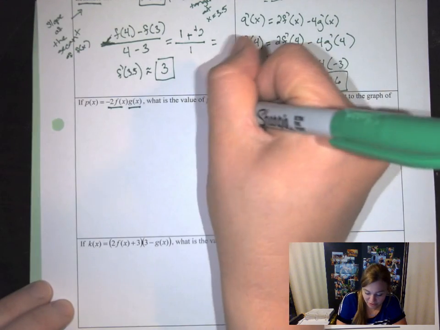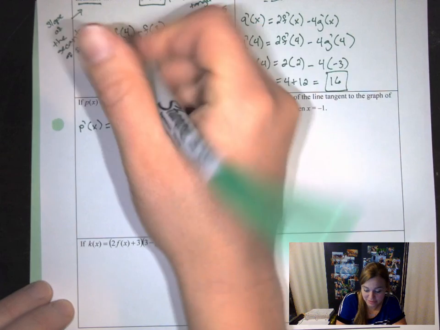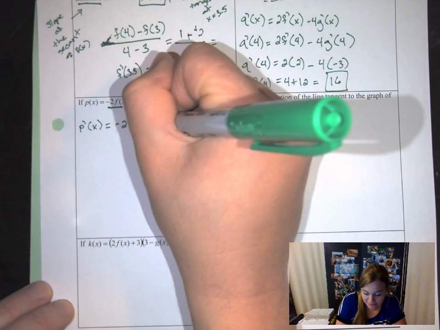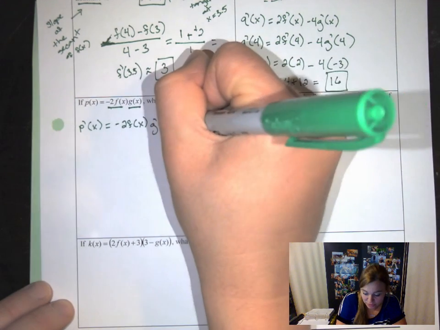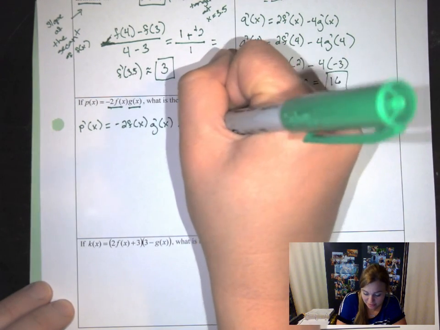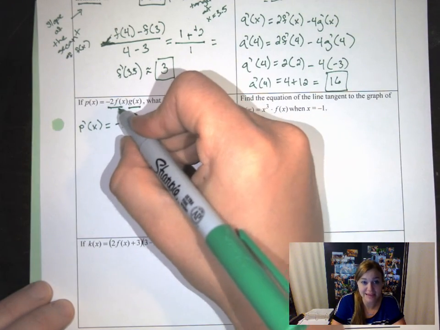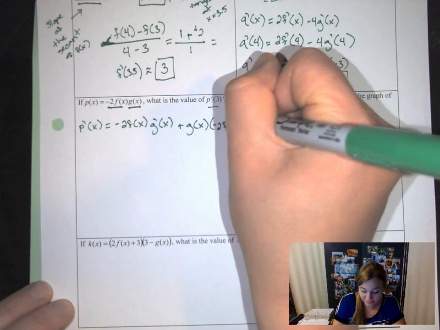So if I want the value of p prime of 3, that means I need to take the derivative. p prime of x is equal to the first times the derivative of the second, which would just be g prime, plus the second, so that's just g of x, times the derivative of the first, which would be negative 2 f prime of x.